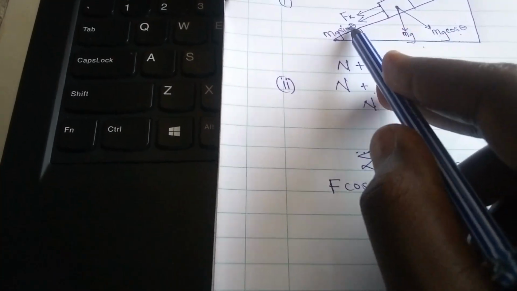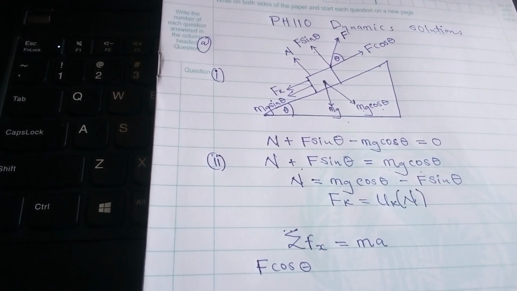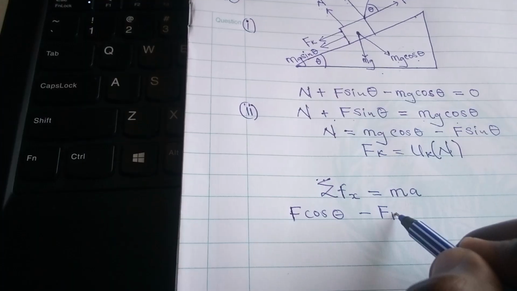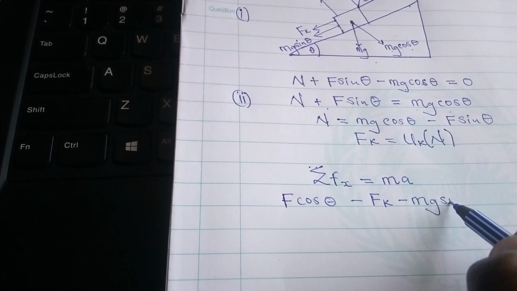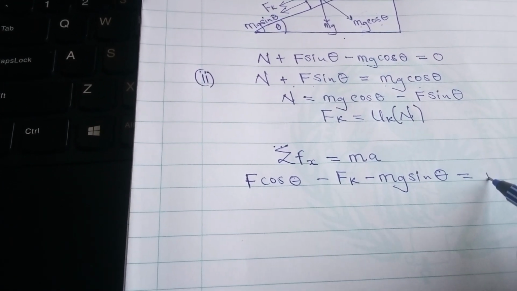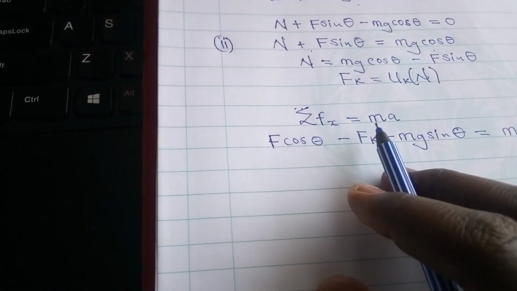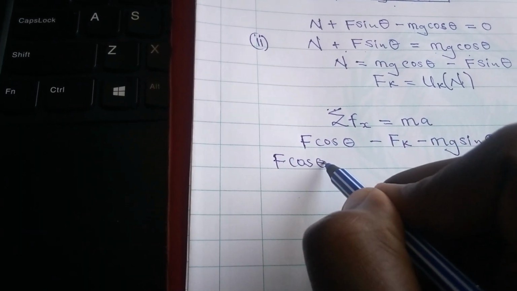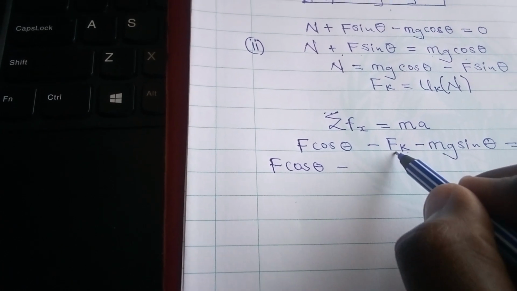Now these two forces that are acting against should be subtracted, so minus fk minus mg sin theta, which should be equal to ma. And then we have F cos theta minus the kinetic friction.